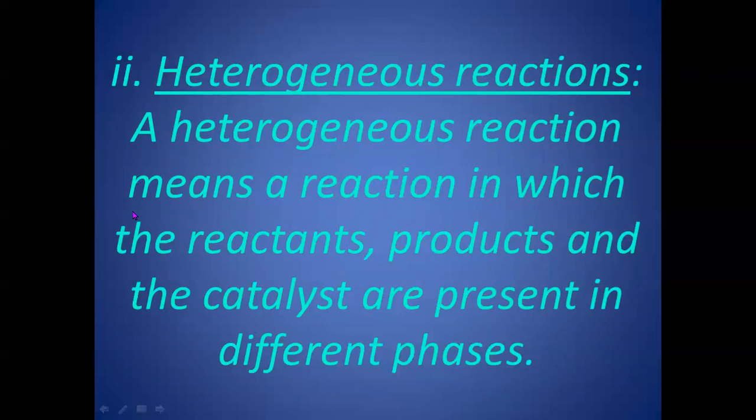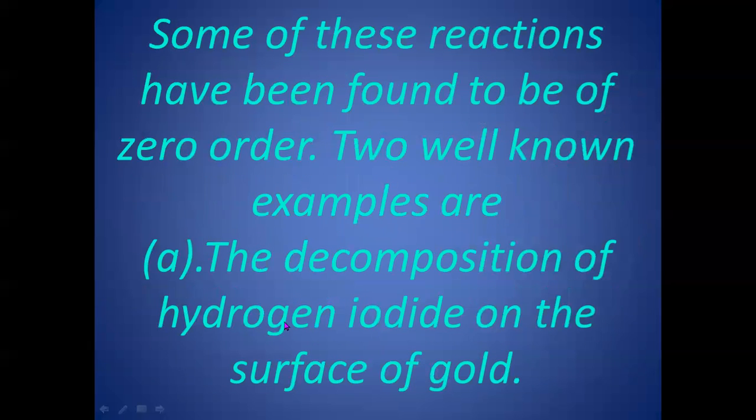If one is gas, the other may be liquid, and the other may be solid. So in a heterogeneous reaction, the physical states of reactant, product, and catalyst will not be the same. Some of these reactions have been found to be zero order.